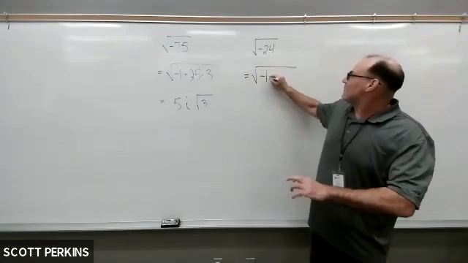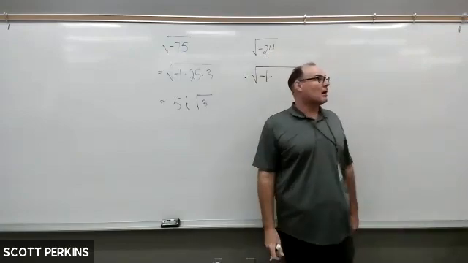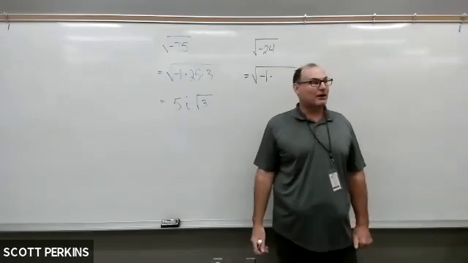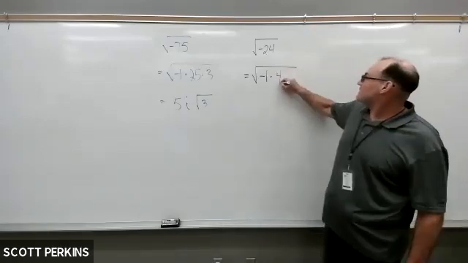I'm going to give you the negative 1. I think we all see the negative is there. Now, what perfect square factor is there of 24? 4. Yeah, it's 4 times 6.